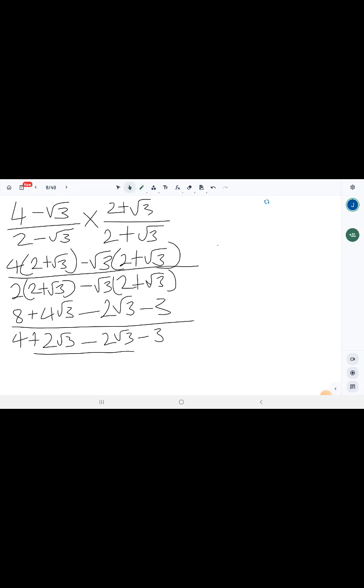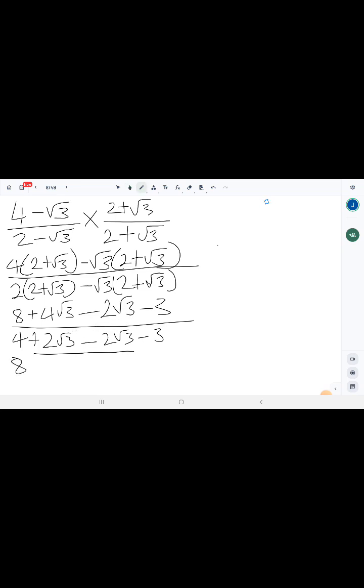So I'm going to rewrite this, and I'm also going to write 8, and I will bring my minus 3 close to the 8 and write the both of these together, because the square root of 3 here and the square root of 3, they are both common. Now here's what I'm going to do.